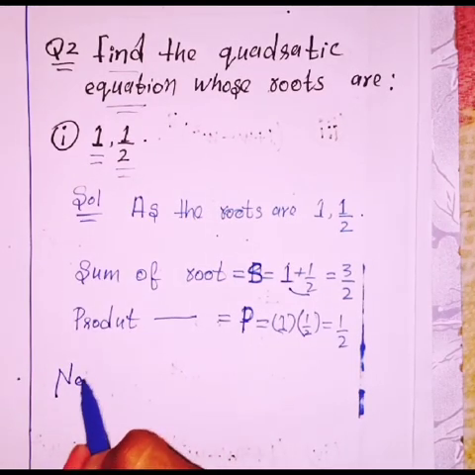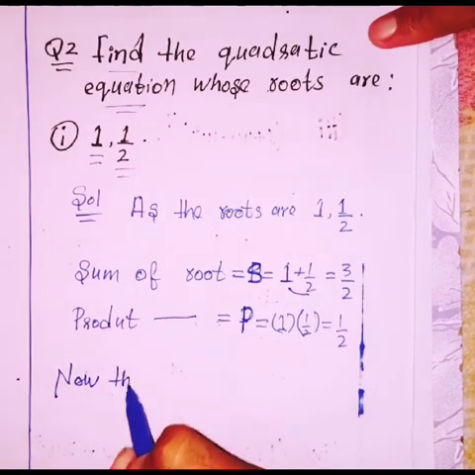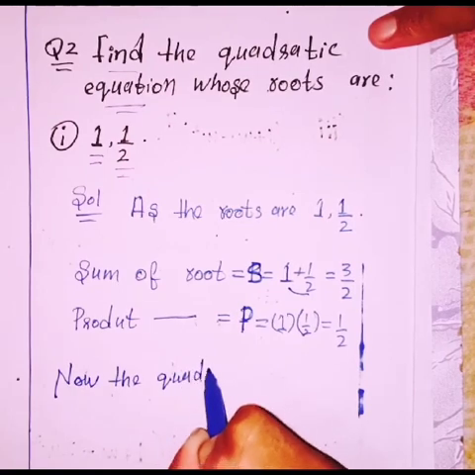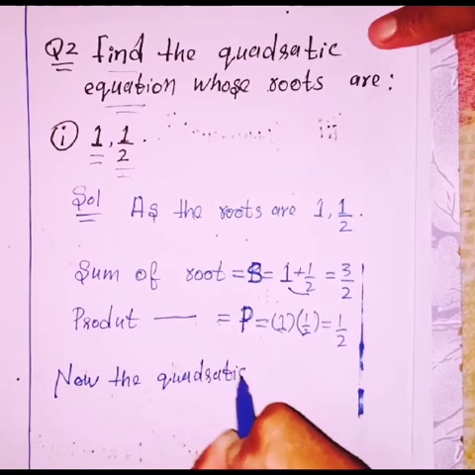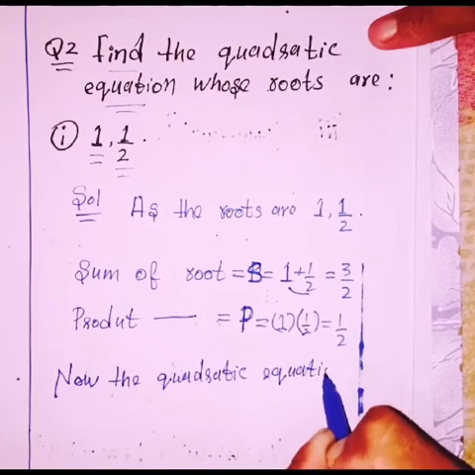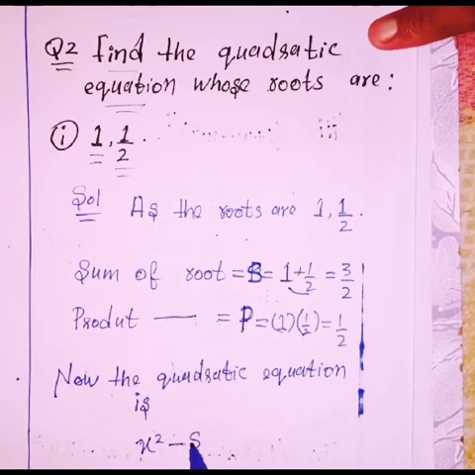Now we know that the quadratic equation is x square minus sx plus p is equal to 0.